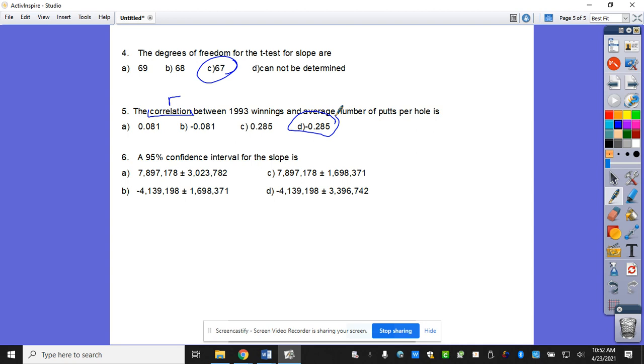And then the last one gives us a confidence interval answer. Now realize usually we see confidence intervals as like number, comma, number. But this one doesn't look like that. So this just takes the value before our plus minus and then everything after the plus minus. So what's our general equation for confidence interval for slope?